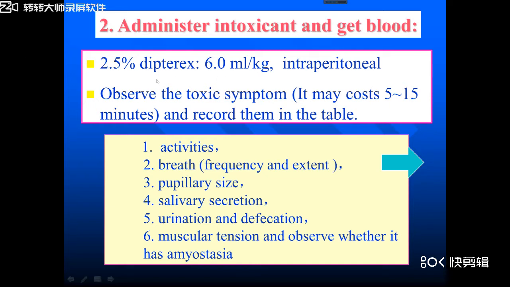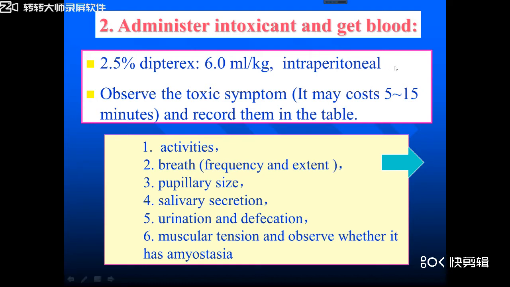It is one kind of pesticide. For the rabbit, we use these doses: each kilogram we give 6 milliliters. Just now we found our rabbit is 2 kilograms, so we give 12 milliliters of dipterex.